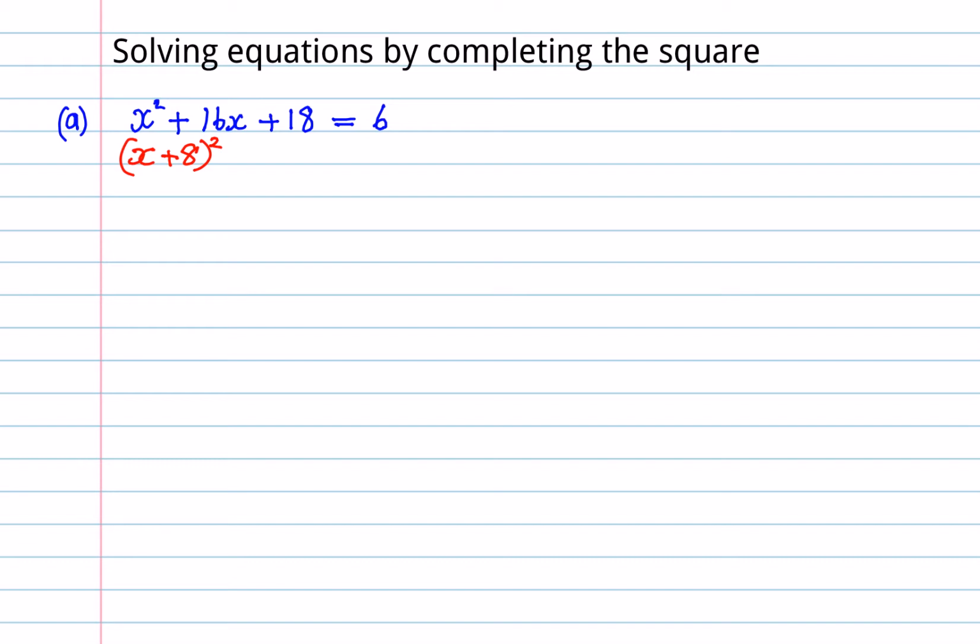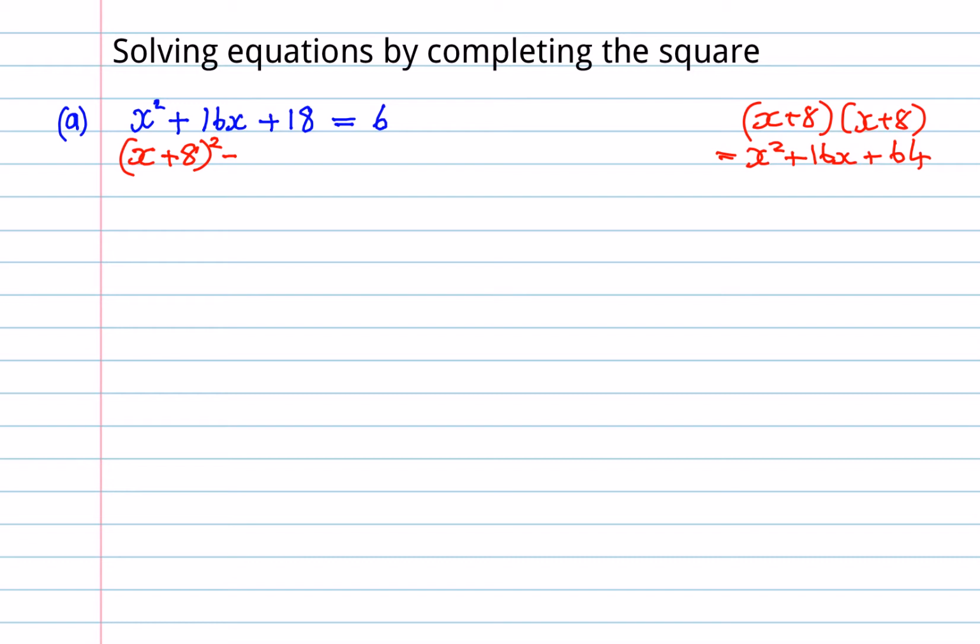Now, for this to be equal to x squared plus 16x, we must subtract the 64 that you would get when you multiply this out. x plus 8 times x plus 8 gives us x squared plus 16x plus 64.